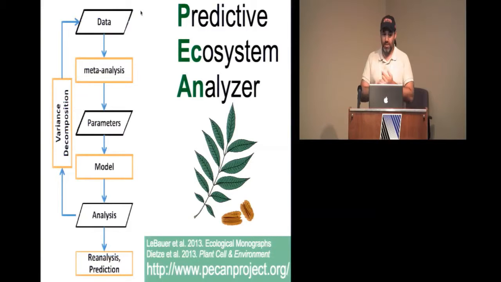PEcAn started here at Illinois as a project that David LeBauer and I started in the context of some work we were doing with the Energy Biosciences Institute, and PEcAn continues to be used there, but it's also branched out to be an NSF-supported bioinformatics project that has collaborators here at Illinois, NCSA, BU, Wisconsin, and Brookhaven National Lab, so a growing community.